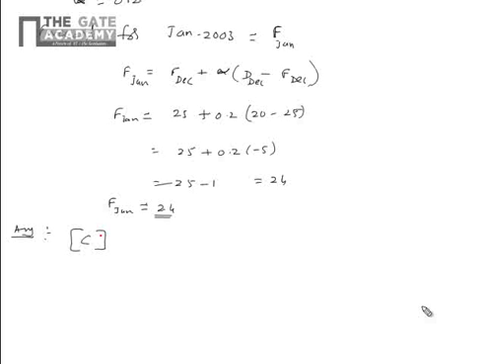Next question. Question number 14. Question number 10, GATE 2003, 2 marks question. The sales of cycles in a shop in 4 consecutive months are given.